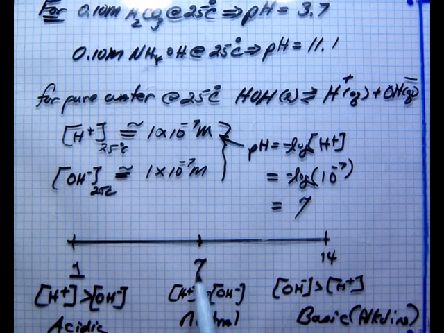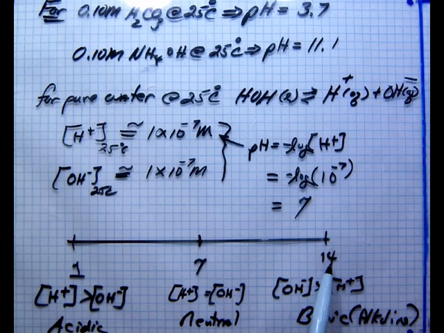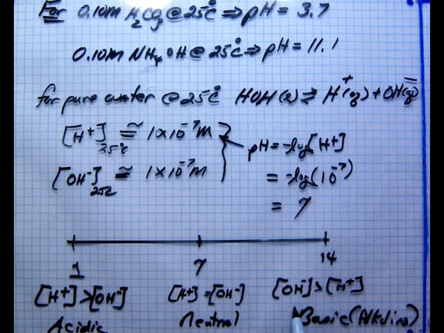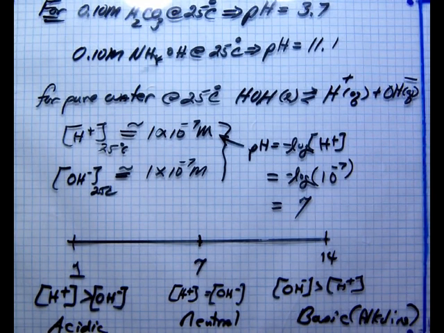If we move toward the extremes, 1 is low and 14 is high, we find that from 7 to 14, the hydroxide ion concentration will be greater than the hydronium ion concentration. As a result, by convention, we call it an alkaline system or basic system.